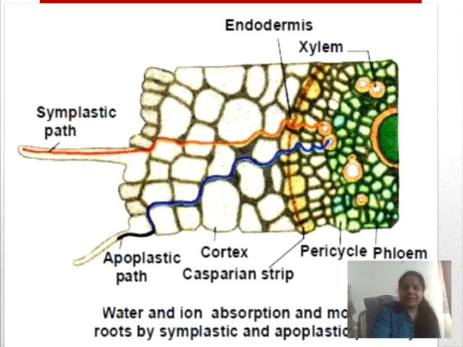But certain cells in the endodermis are not provided with the Casparian strips, and these are known as passage cells, as they provide passage to the movement of water further into the xylem. And these passage cells are present just opposite to the protoxylem region. So this is how the pathway of water upward movement occurs.